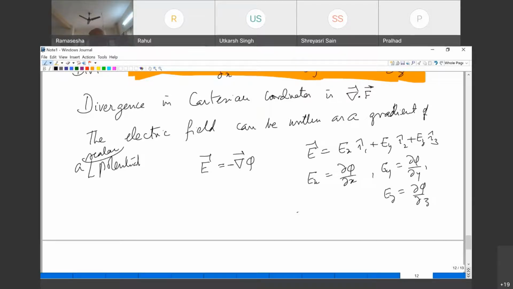Then you can write down E dot dr is equal to d phi. Okay. This is what we discovered in the previous lecture. Am I right? Yes.